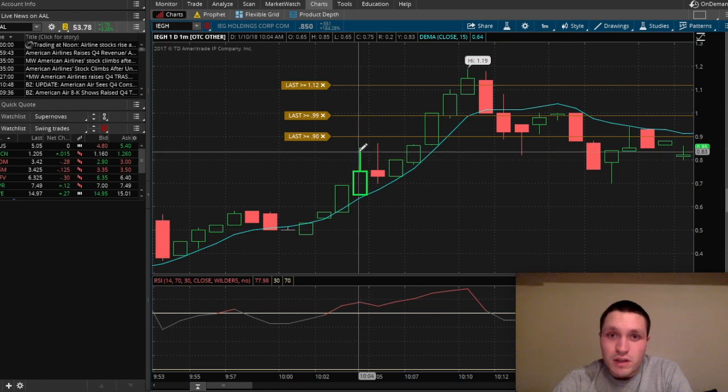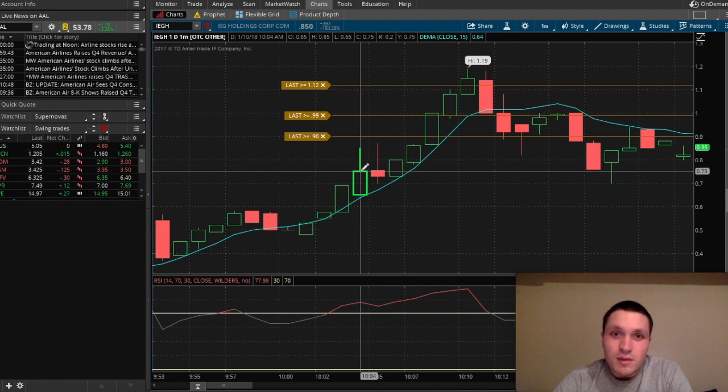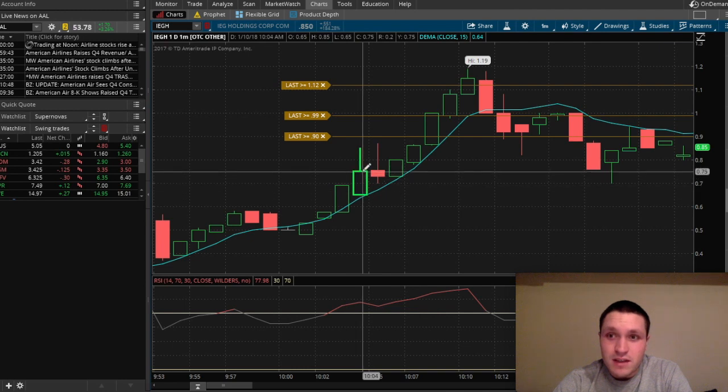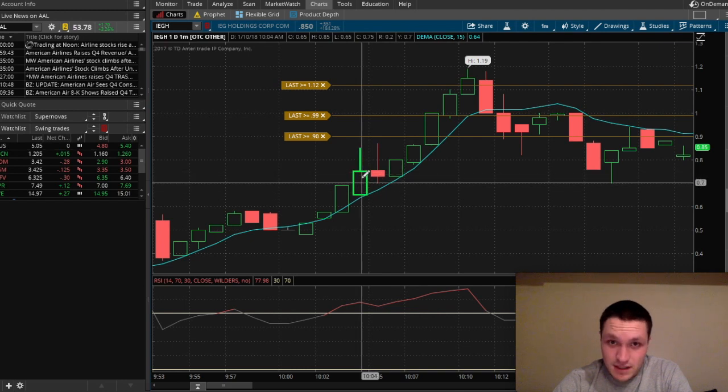And this wick here that you see, all that means is during that minute, that stock climbed the whole way up to 85 cents at one point in time. But it opened and closed within the minute from 65 cents to 75 cents. 10-cent gain in a minute.